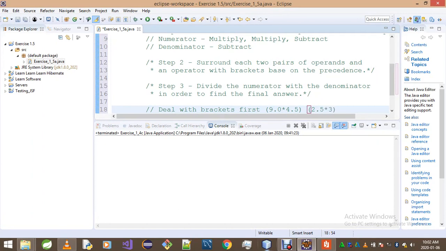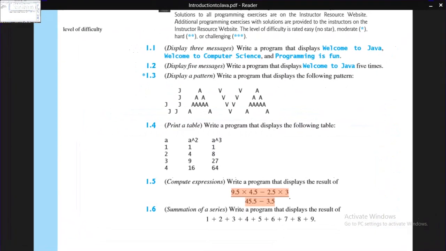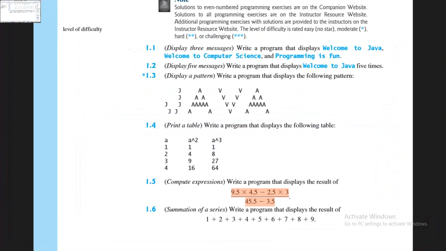And then lastly, our bracket has to contain our denominator, which is 45.5 minus 3. Am I right? Let me check it out. Minus 3.5.